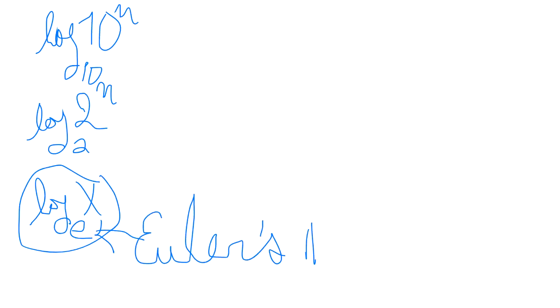Now, some people pronounce it as Euler, but that's not right, because Euler was a German mathematician in around the 17th century, and two of the big names in math, two of the big names that gave birth to modern math are Euler and Gauss.